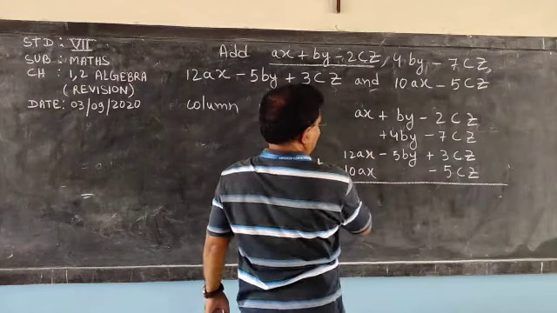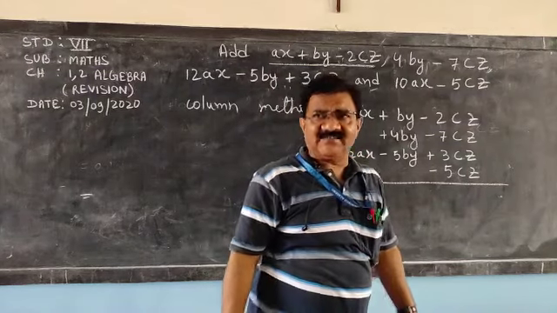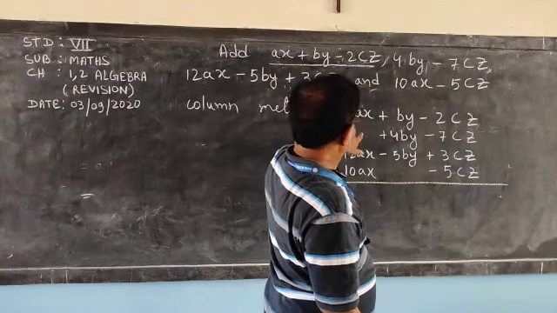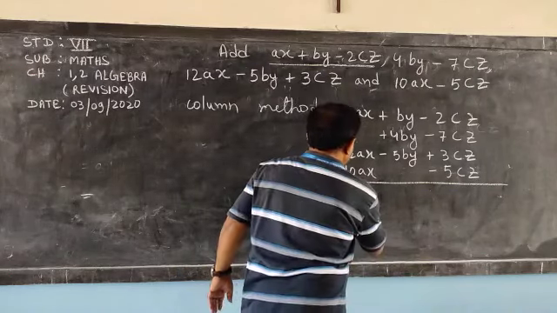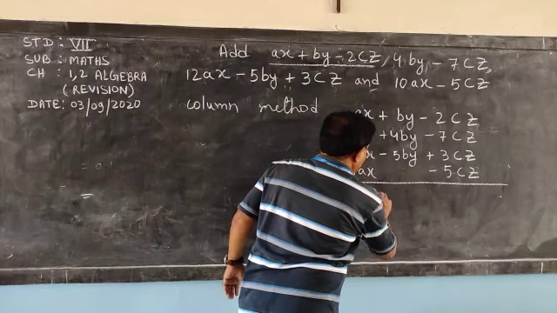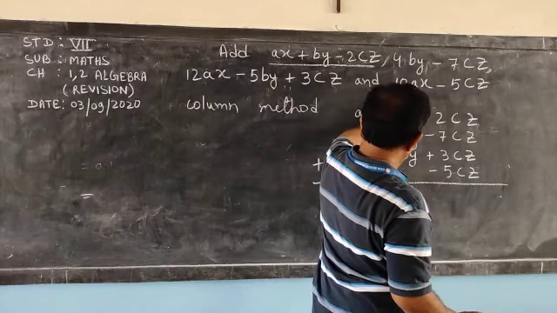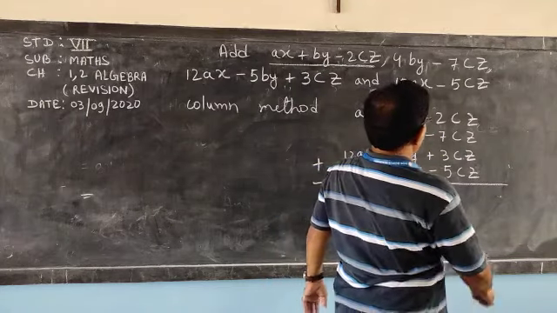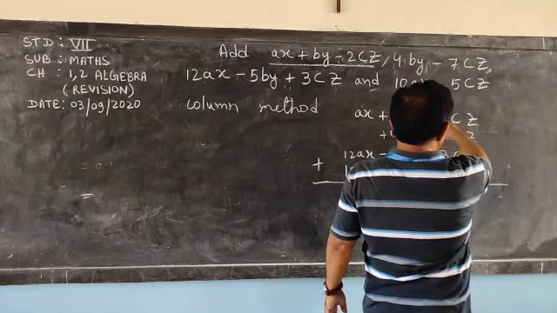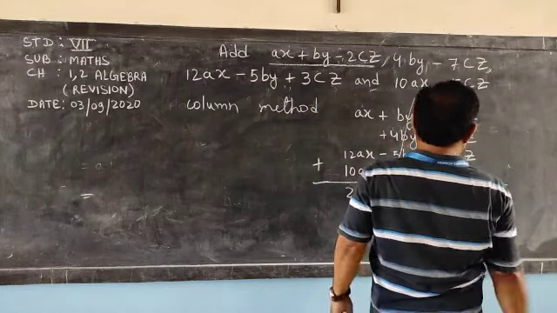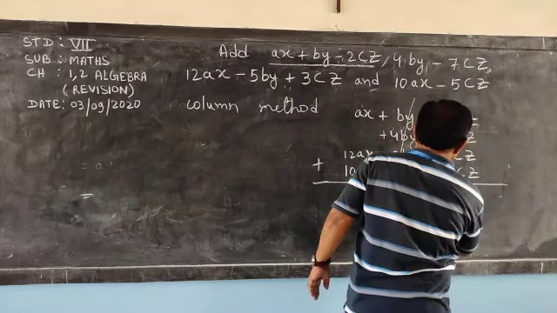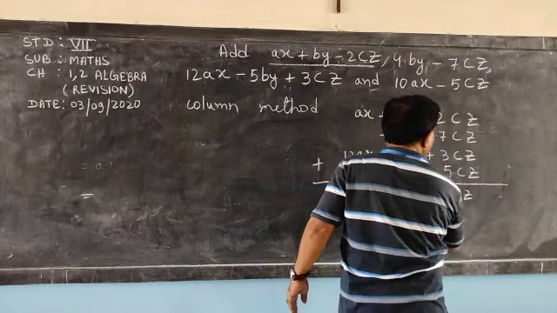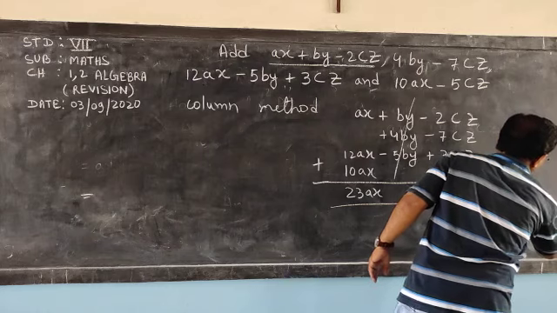Now add. This method is called the column method. 1, 12 is 13 and 10, 23ax. 4, 1, 5 and minus 5 cancelled. Now 3 minus 7 is 9, 5, 14. 3 minus 14 will be minus 11cz. And this is the answer.